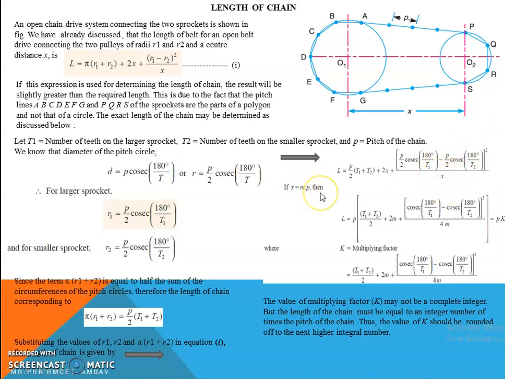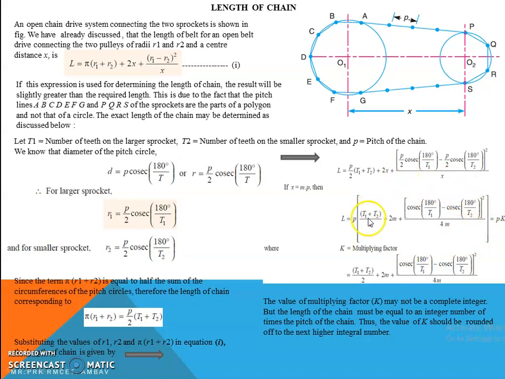If x equals MP, here x is the center to center distance between both the sprockets, M a constant, P the pitch. Now by substituting the value of x here, and taking P as common, we get P into [(T1 + T2)/2 + 2M + (cosec(180/T1) − cosec(180/T2))² divided by 4M].